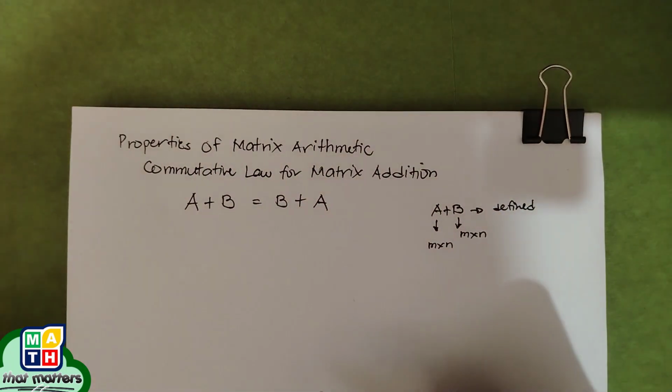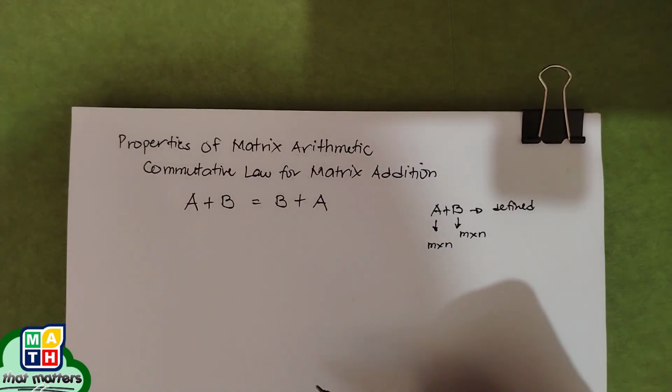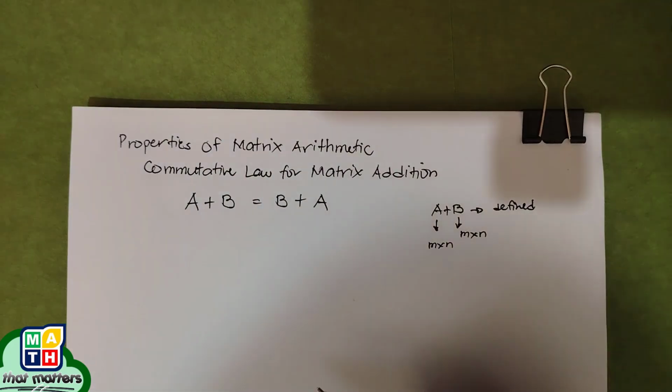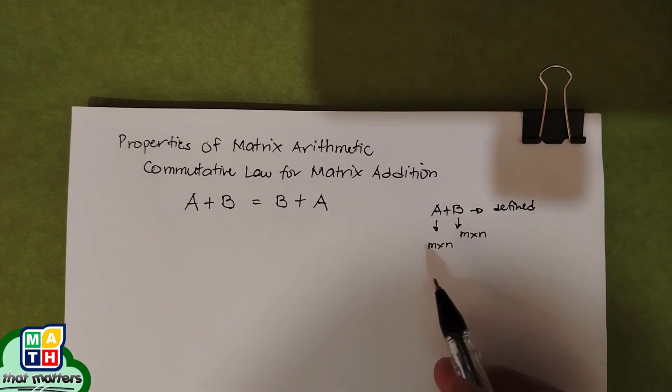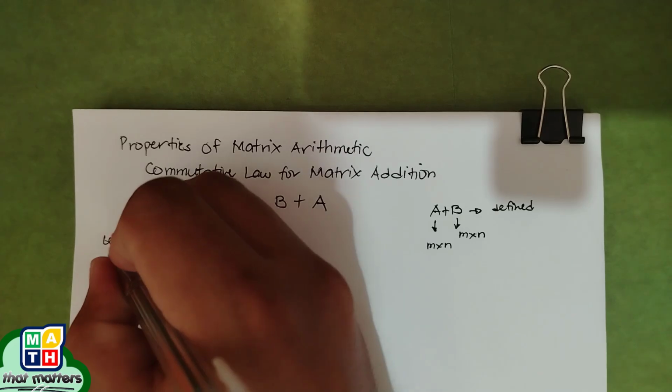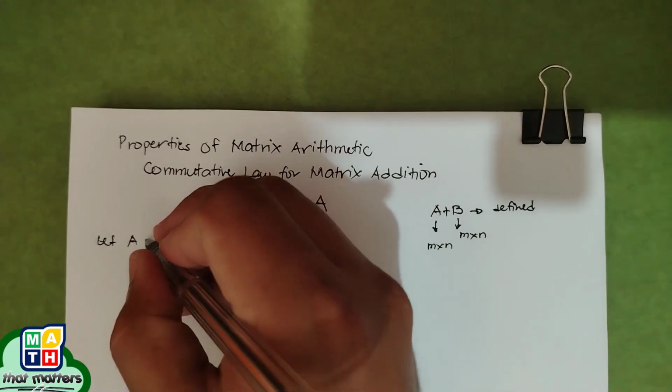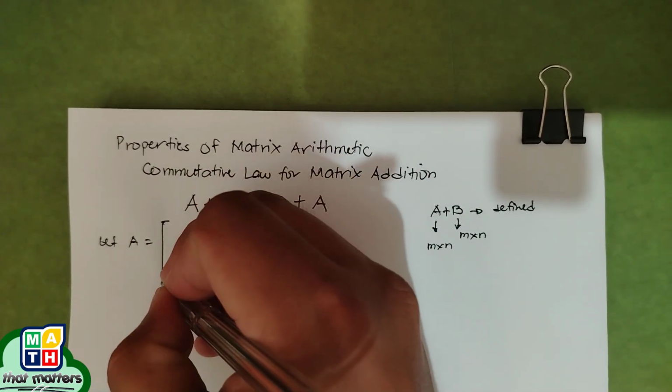Now let's try to prove this by representing matrices A and B first in their general context, because this should be true for all sizes of matrix as long as they are of the same size. So let us not assume a 2x2 or 2x3 matrix. Let's just say let A be equal to a matrix in this form.